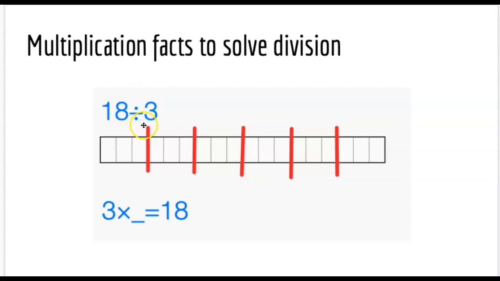So that's like asking 3 times what is equal to 18. And we know that 3 times 6 equals 18. Therefore, 18 divided into groups of 3, there would be 6 groups. This is why mastering your multiplication facts will really help with your division facts.